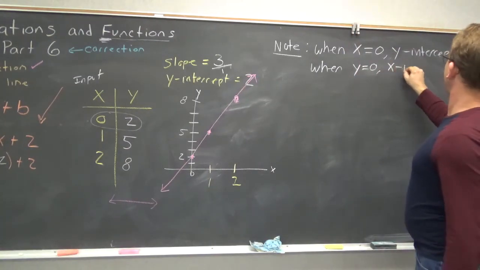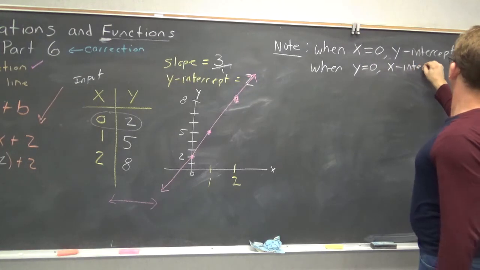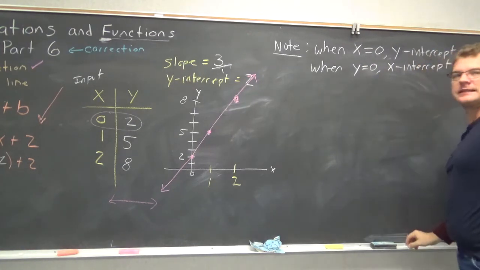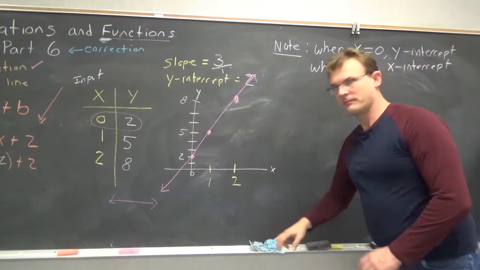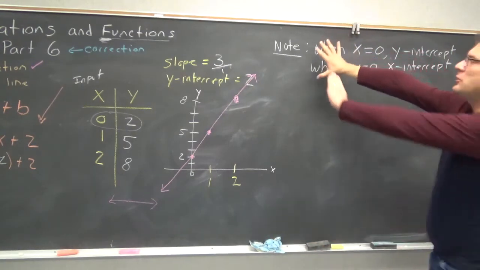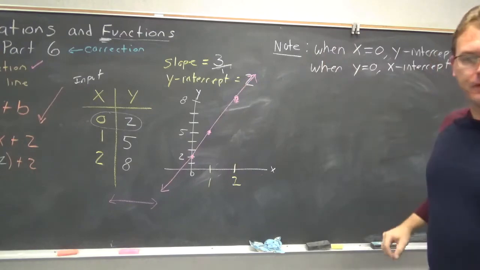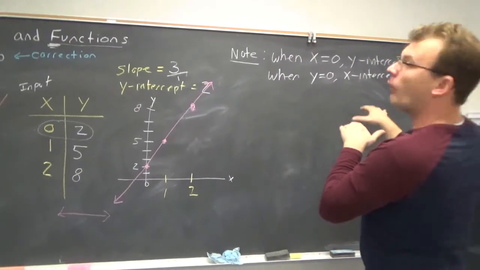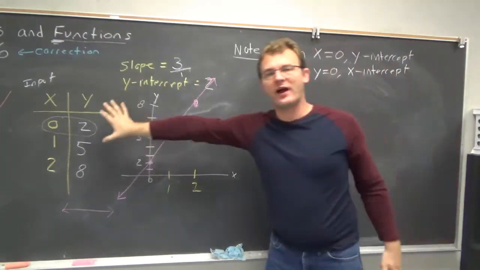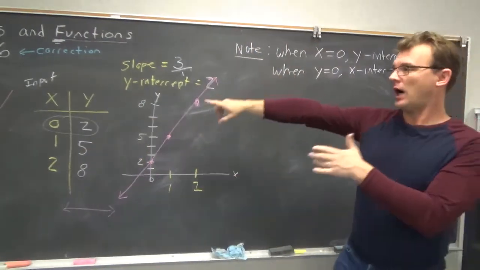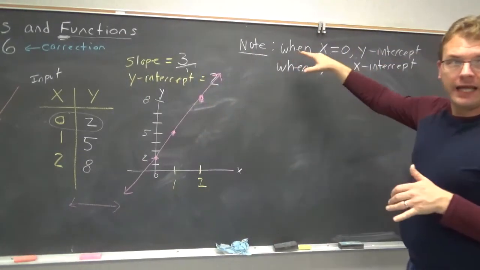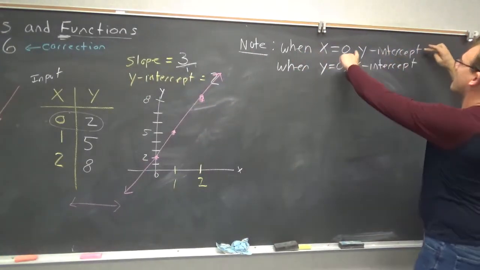You would get what we call the x-intercept. Because this is what we're going to be getting into with our graphing, using the y-intercept that we got. So when x is 0, you have the y-intercept.